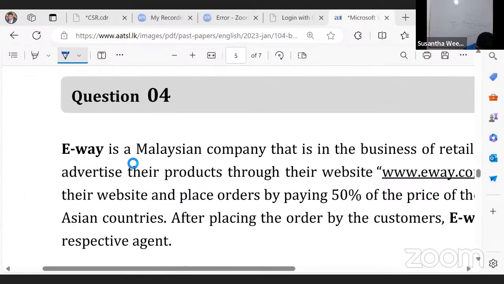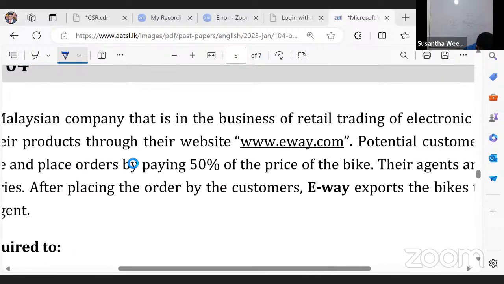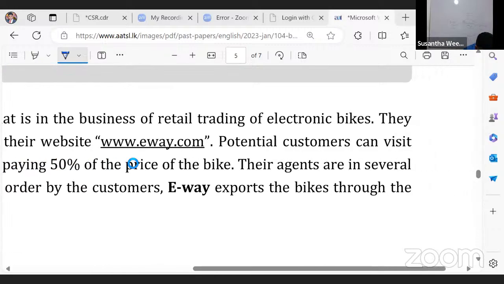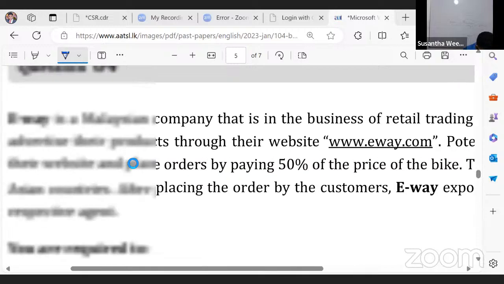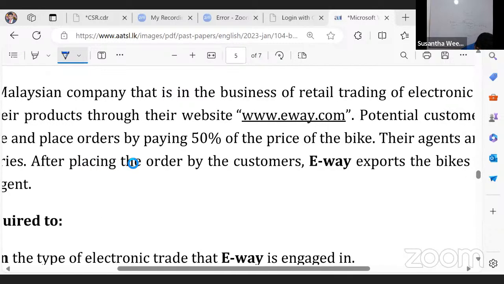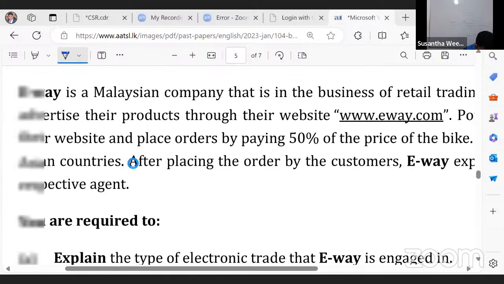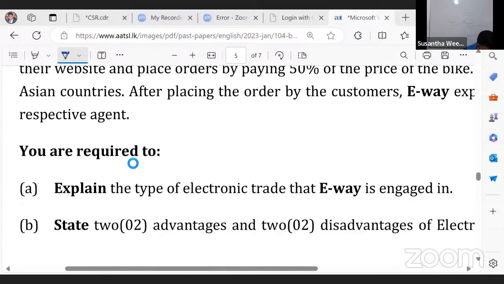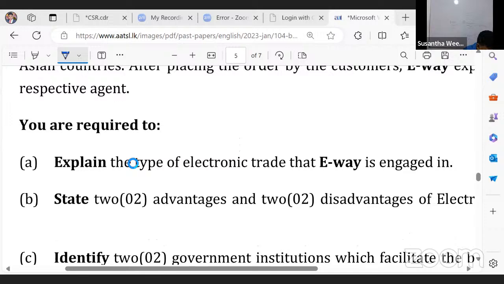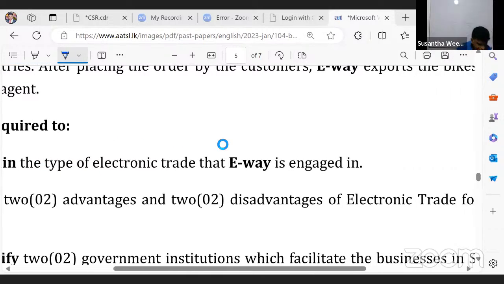Potential customers can visit their website and place an order by paying 50% of the price of the bike. Their agents are in several Asian countries. After the customer places the order, eWay exports the bike through the respective agent. You are required to explain the type of electronic trade that eWay is engaging in, right?